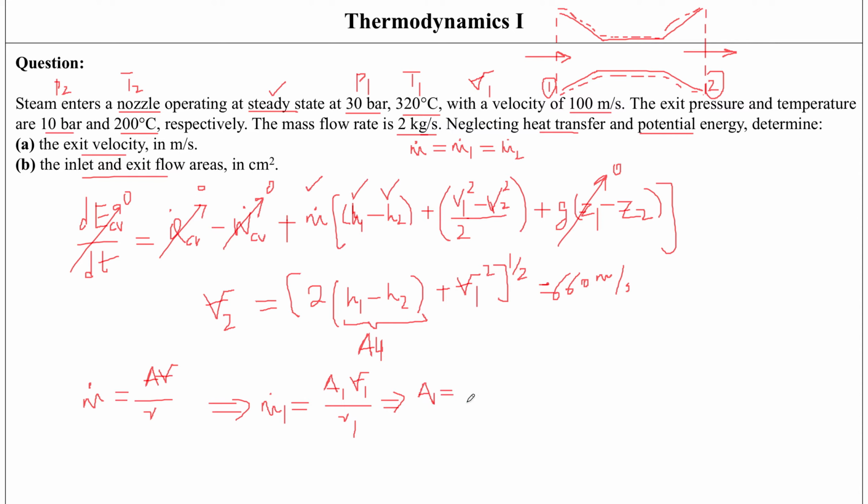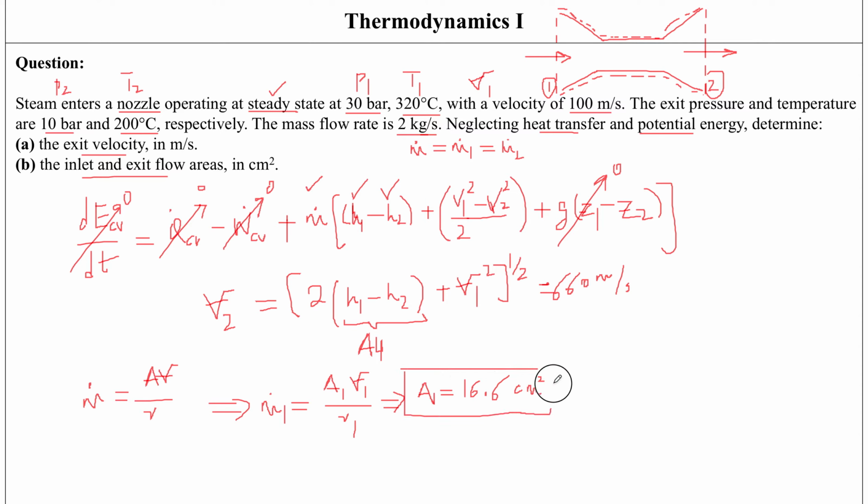You plug these in again, find the specific volume from the tables, and you can do that yourself. This is going to be around 16.6 centimeters square for area at 1.